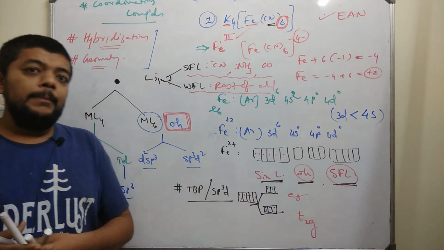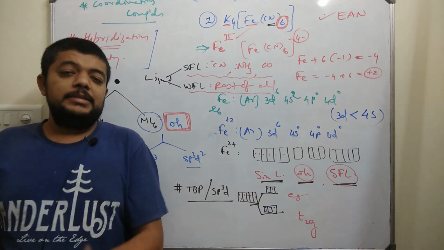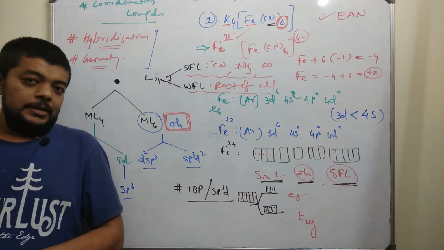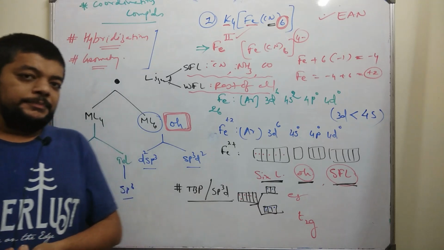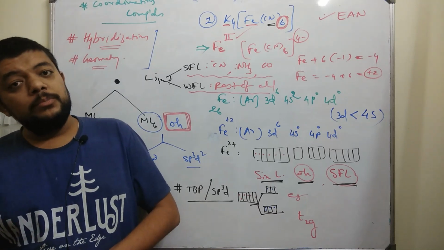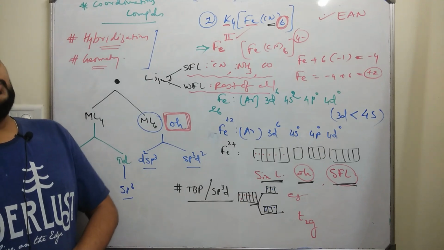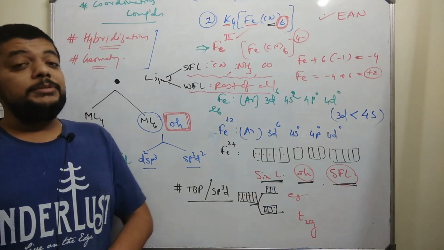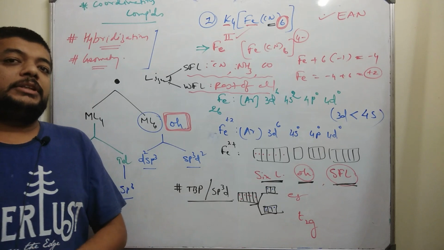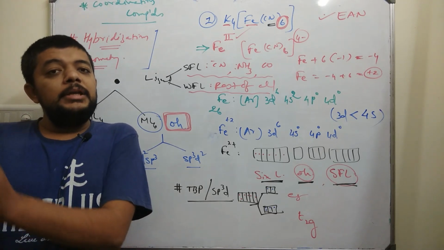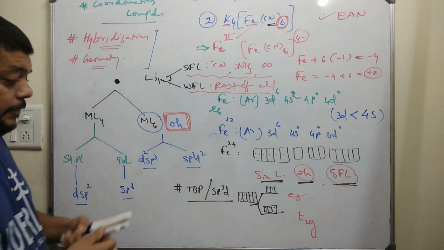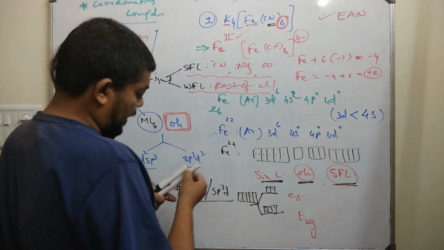Friends, we all know that when there is a strong field ligand, pairing takes place, and this pairing always moves from a higher energy level to a lower energy level, subject to the condition that in the lower energy level there are empty orbitals. Can we find empty orbitals here?